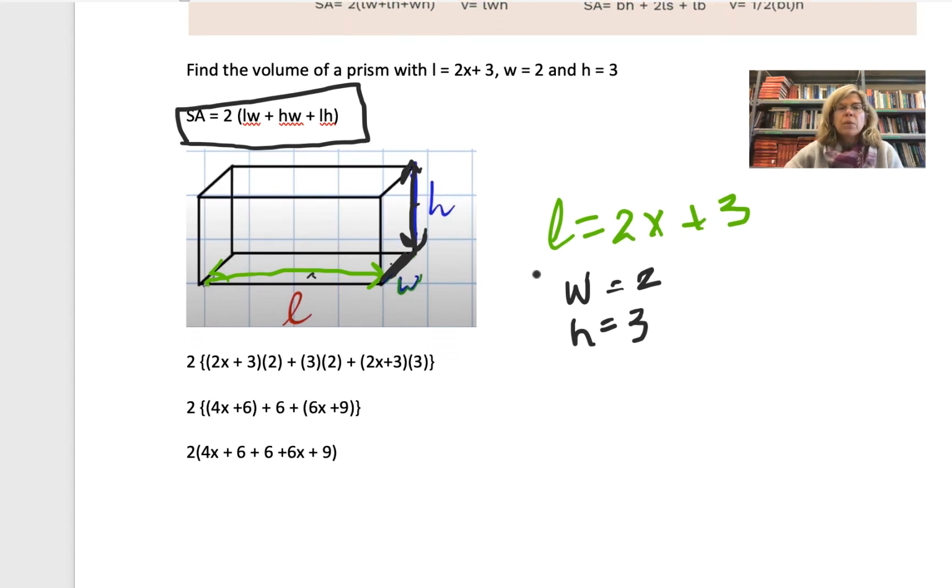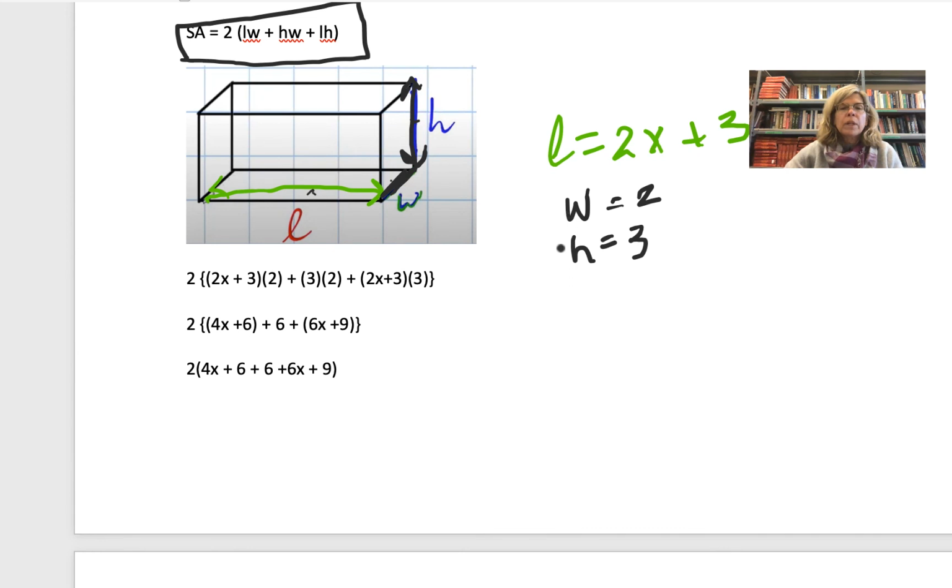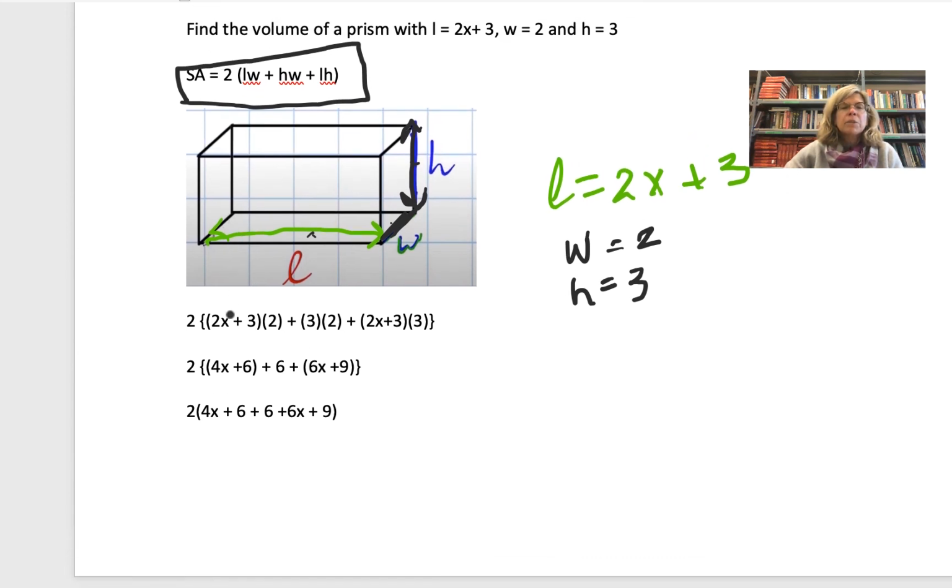So if we take what we know here for length, width and height and put it in that formula, so here it is, length times width. So length is 2x plus 3 times width, which is 2, plus height times width, or 3 times 2, plus 2x plus 3, which is the length, times the height, or 3. And it's 2 times that whole thing. So that covers all the sides.